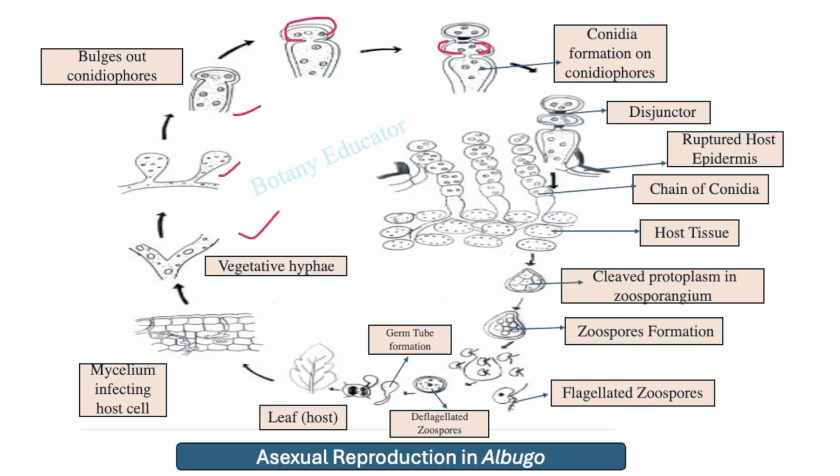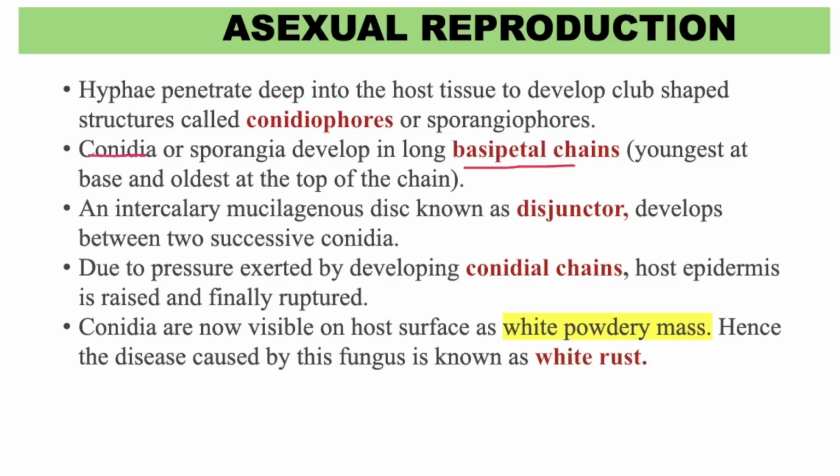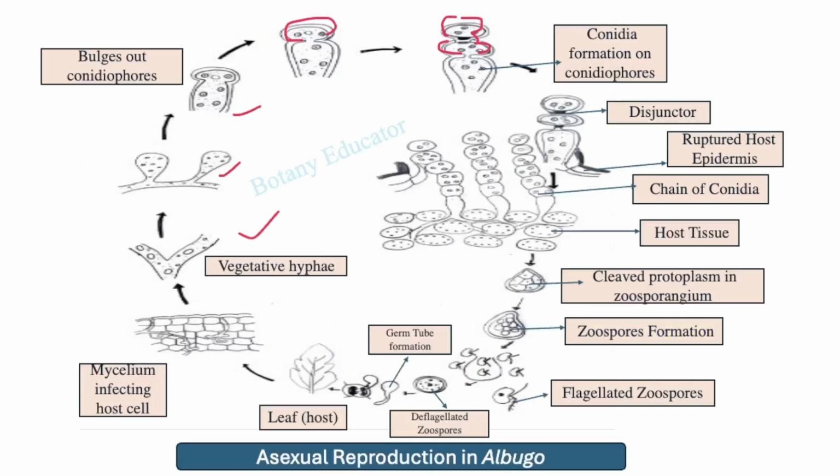On this structure, another structure has been bulging out. So which will be the oldest? Naturally the lowermost. So it will form a chain. The conidia chain will be formed in a basipetal order, right? The basipetal chain will be formed on the conidiophores.